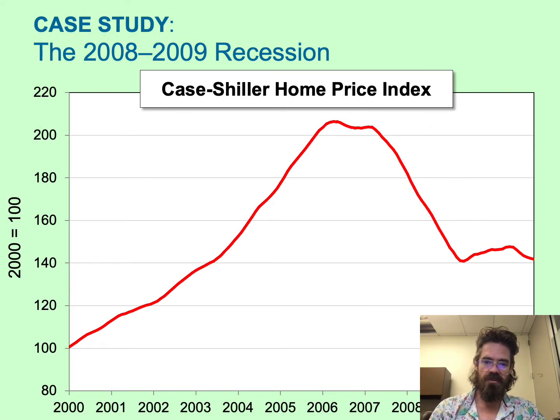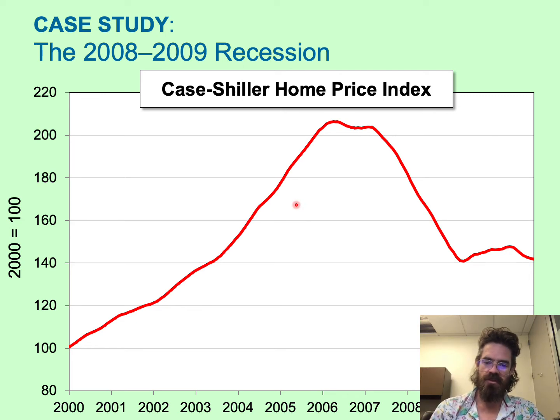So to think about that, here's what was going on with housing prices. This is a home price index. As you can see, home prices were steadily rising over the early 2000s into the mid 2000s, and then they kind of flattened out a little bit, and then they started to drop precipitously.